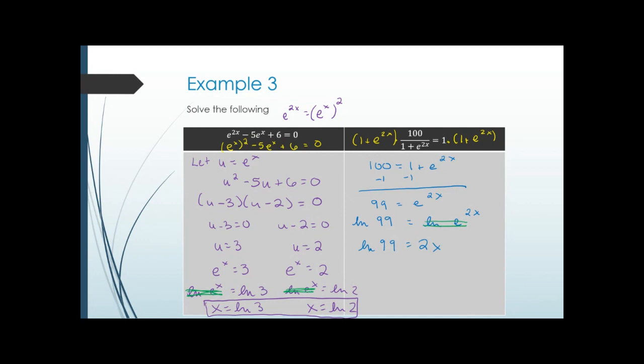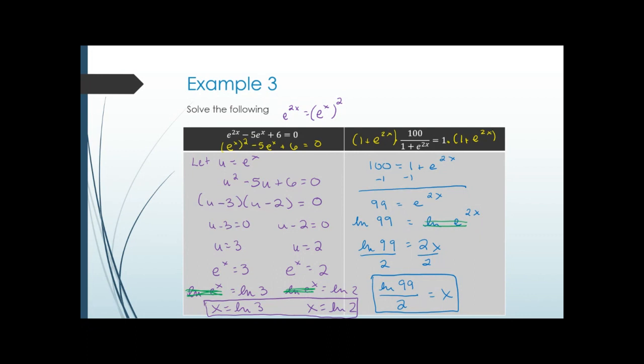So now I'm solving for x. I'm going to divide both sides by 2, and we get the natural log of 99 divided by 2 is equal to x. And you can put that in your calculator if you want to. The natural log of 99, I'd have to close my parentheses and then divide by 2.